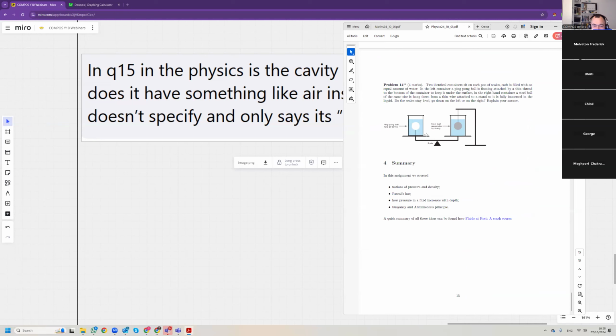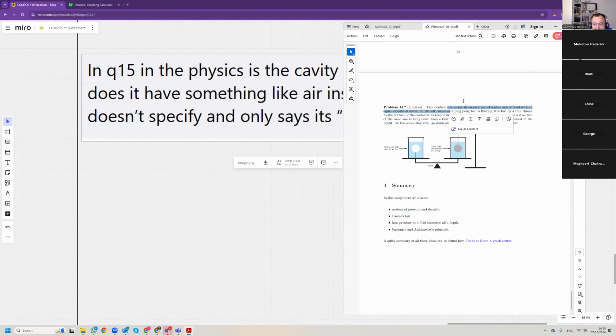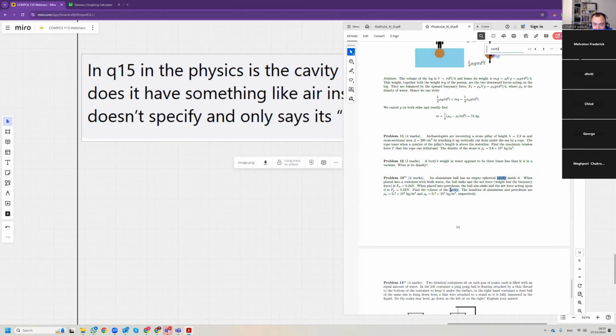Cavity? Problem 13, I think you meant. An aluminium ball has an empty spherical cavity inside it when placed in a container. Yeah, you can assume it's vacuum. It doesn't really matter.